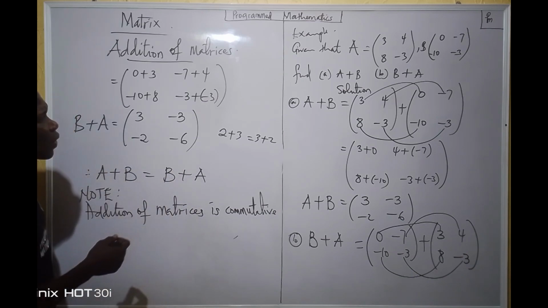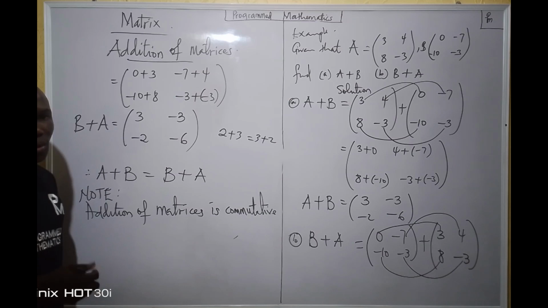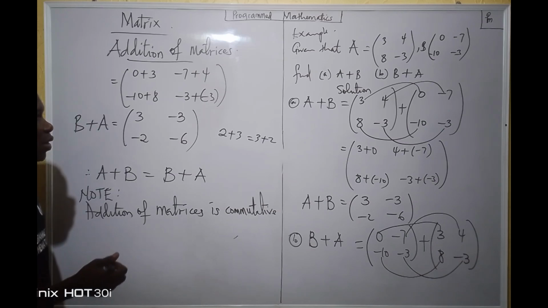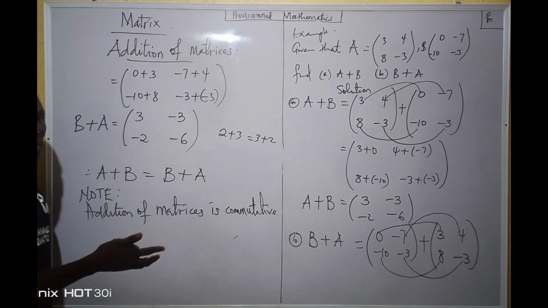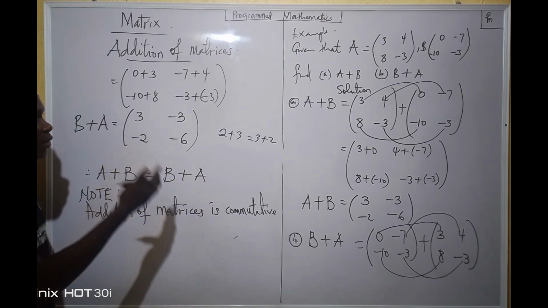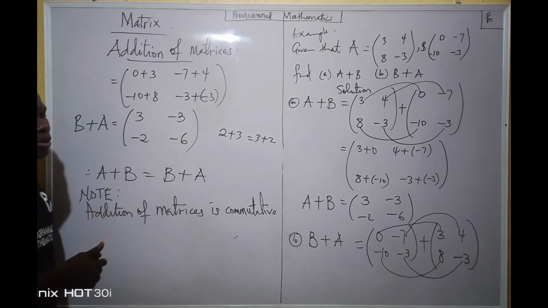But is this all that we can do about addition of matrices? No, this is not everything. Whenever we learn anything, we try to look at it from a different perspective. Sometimes you might be given a matrix with another matrix with some unknown values, and you are given the result of the addition of the matrices.